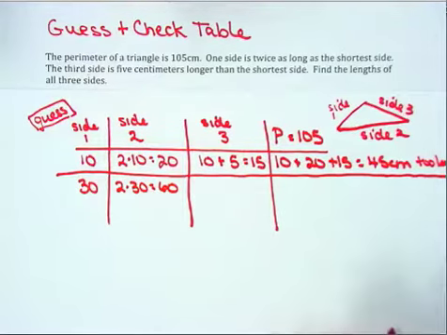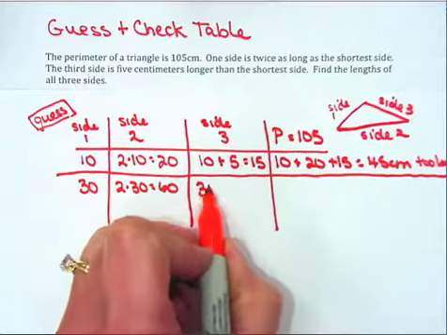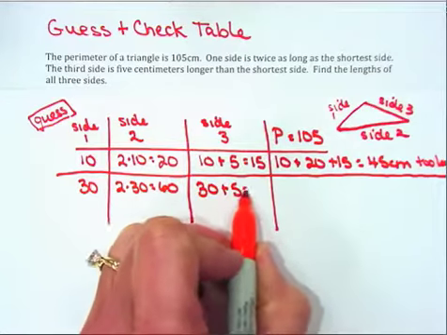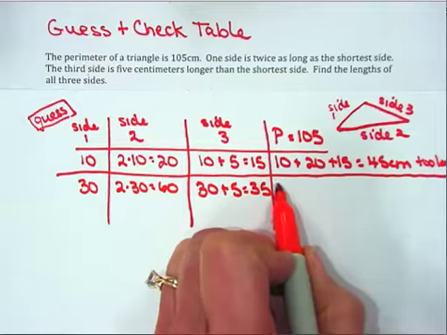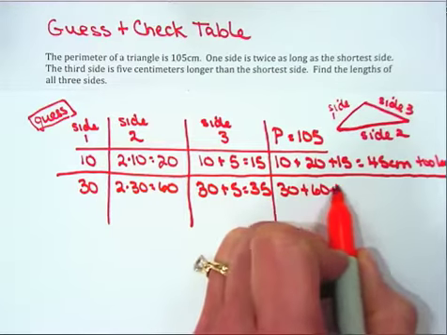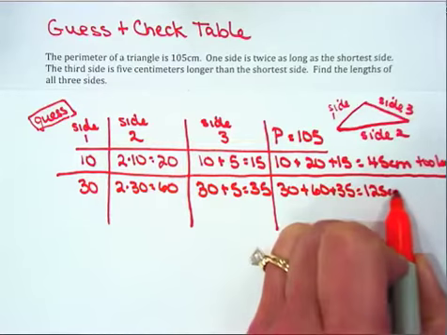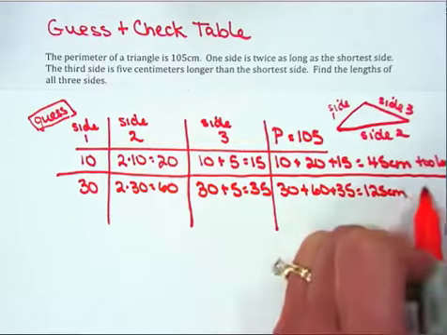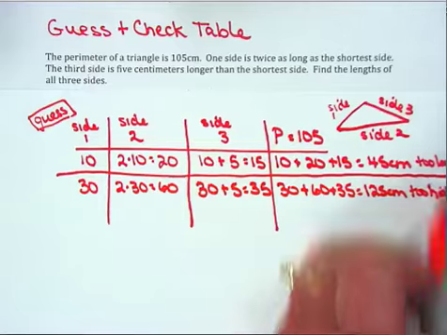Recall side 3 was 5 centimeters longer than our guess. 30 plus 5 equals 35 centimeters. The perimeter, adding all three sides, is 30 plus 60 plus 35 equals 125 centimeters. That's too big. I'm going to put down too high.